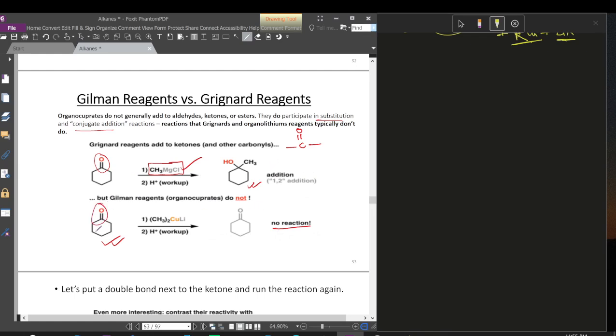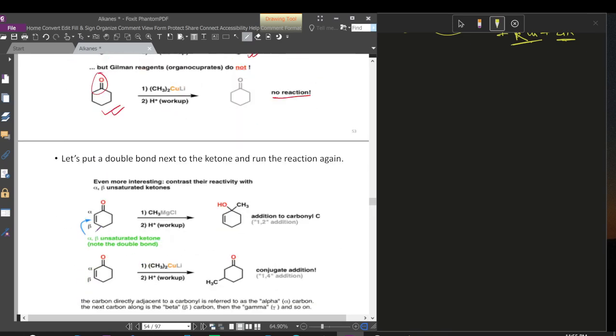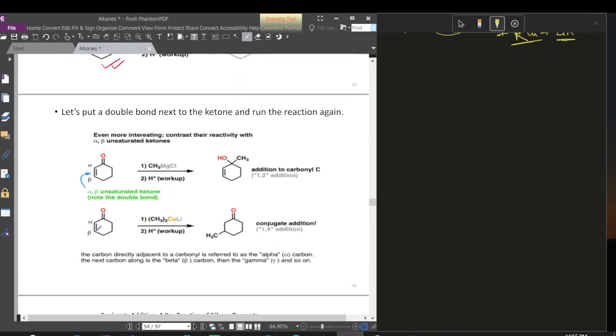carbonyl group? So before this, let's put a double bond next to the ketone and run the reaction again. So we put a double bond here, see that before there is no double bond. So we put a double bond here, that's why this is the new form of complex.